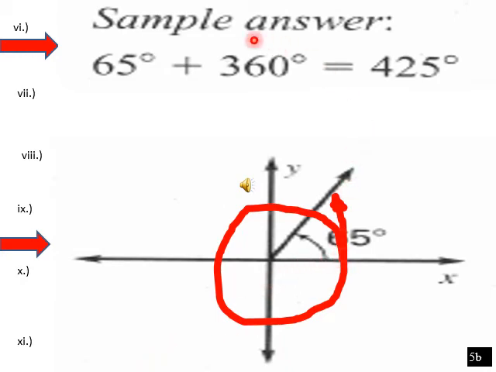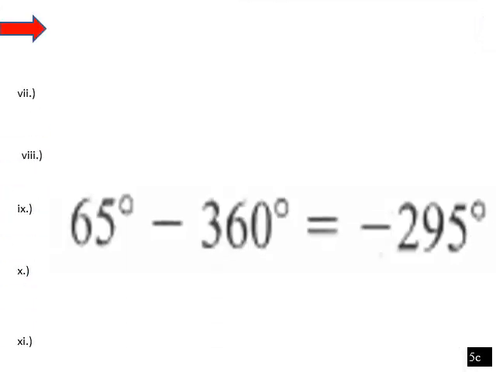Okay, so for our sample answer here, 65 plus 360 would equal 425. This would be an example of doing one complete rotation, plus 65 degrees. So we go one rotation, then 65 more. This would be a 425 degree angle.